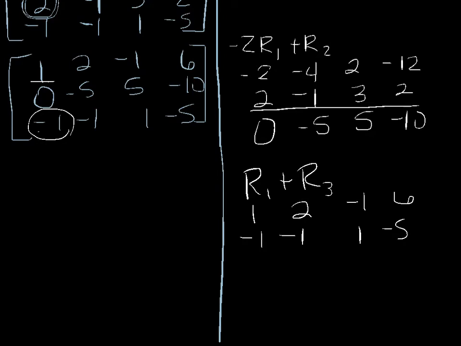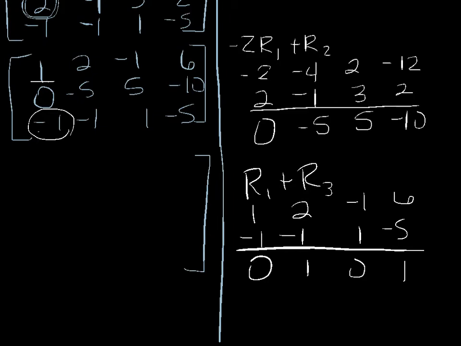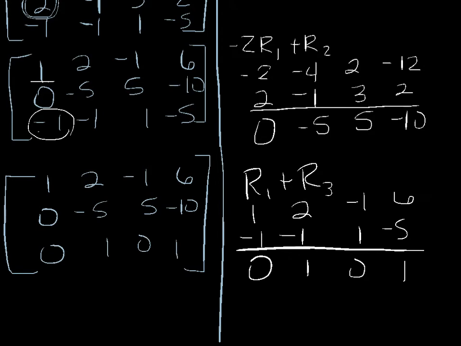So I'm just adding my row 1 and my row 3 together. So I have 0, 1, 0, 1. That's going to replace row 3 in my matrix. So 1, 2, negative 1, 6, 0, negative 5, 5, and negative 10, 0, 1, 0, 1.